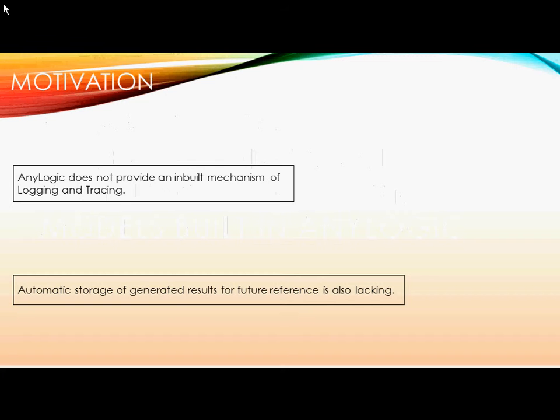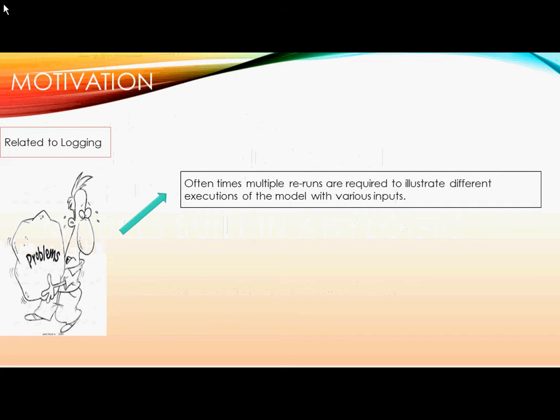We do create a lot of results from these models, and there is no good mechanism to store them automatically. Oftentimes it seems to be a very difficult thing to deal with. Now, these few slides will show us why tracing and logging are so important to us.